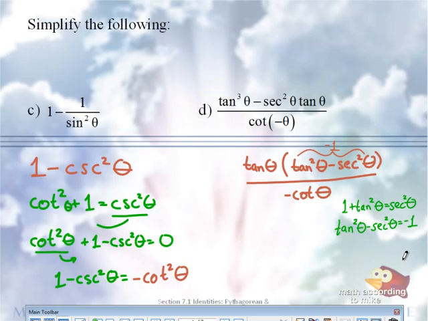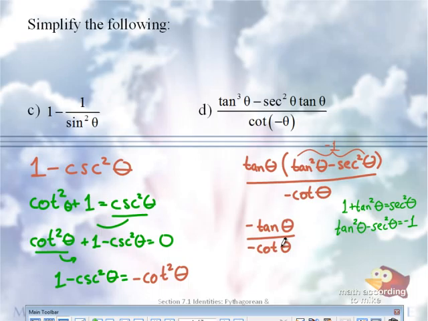So what's our numerator now? Negative tangent theta over negative cotangent theta. What happens to the negatives?